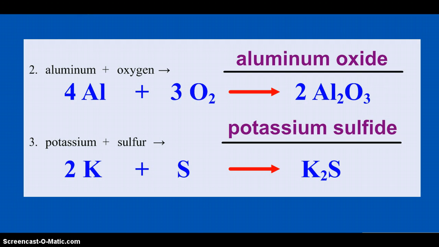These are the two synthesis reactions, aluminum and oxygen making aluminum oxide, and potassium and sulfur making potassium sulfide. Aluminum being +3, oxide -2, that's why we have Al2O3. Potassium is +1, sulfide -2, that's why we have K2S.